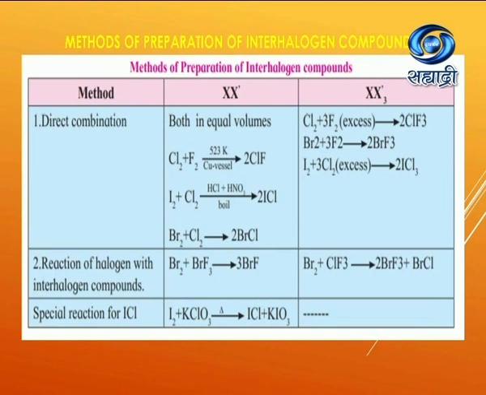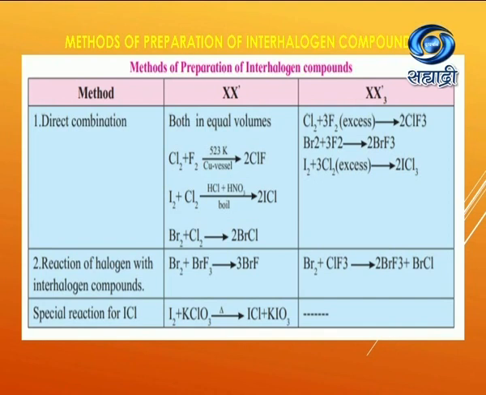Now likewise, for XX'3, fluorine is in excess: Cl2 plus 3F2 forms 2ClF3. Similarly, I2 plus 3Cl2 in excess gives 2ICl3. So this is the first method of preparation, by direct combination.